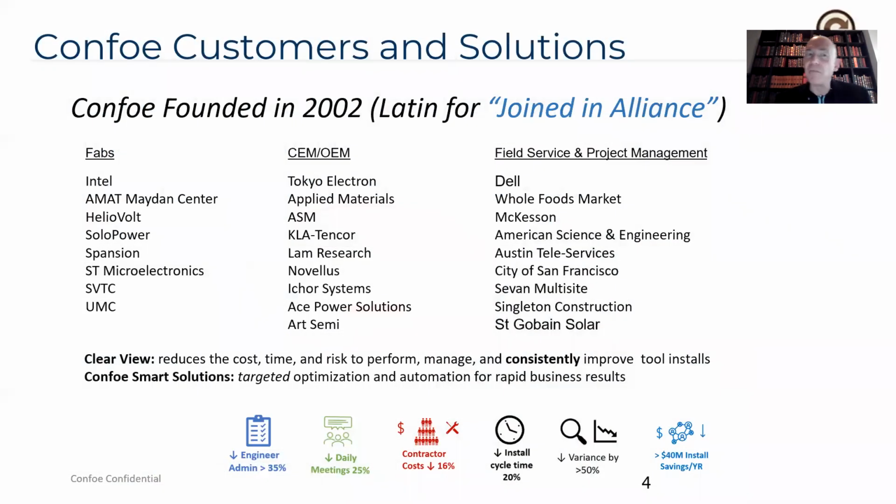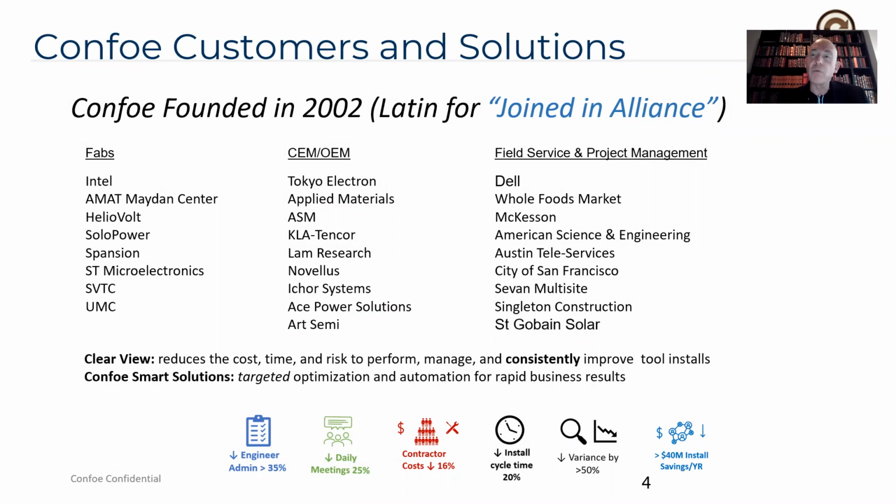So a little bit about Confo. We were founded in 2002. Our name means joined in alliance from Latin because we do a lot of work around collaboration between departments, functions, and companies. We're a project management, consulting, and technology implementation firm.